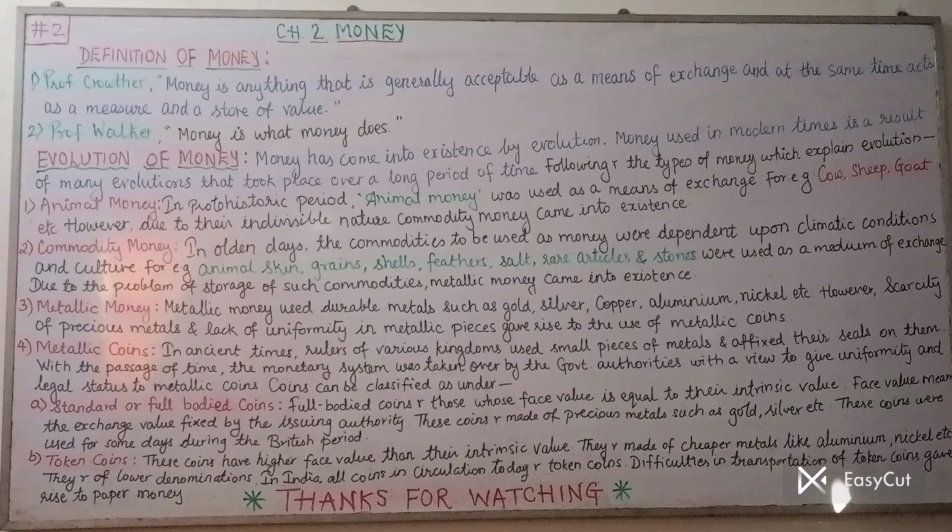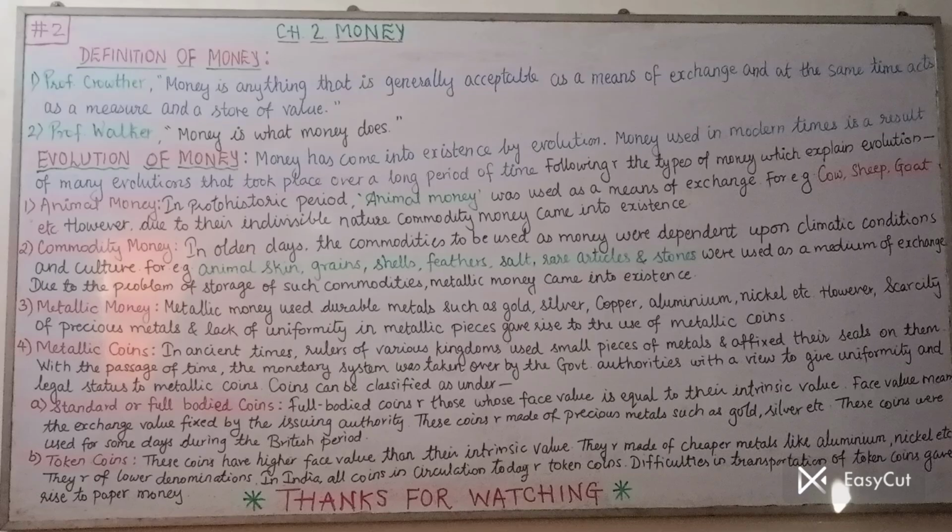And intrinsic value means whatever amount of material is inside the coin. So that is called intrinsic value. So here standard or full-bodied coin means the face value and intrinsic value of money are equal. So if it is written 10, then the metal inside is also worth rupees 10.